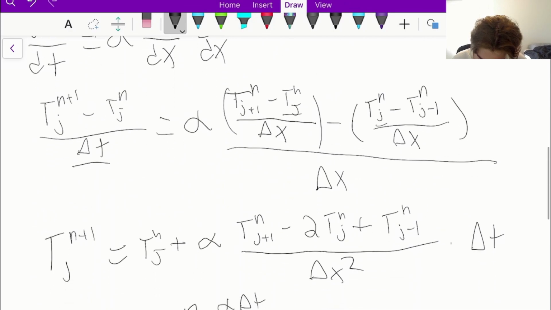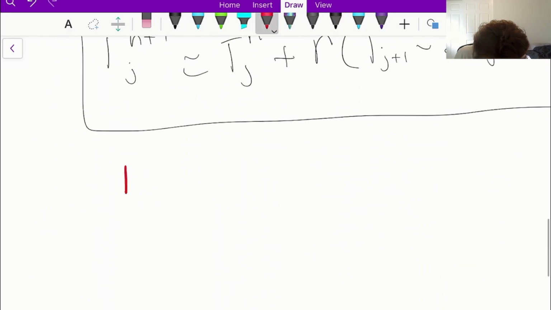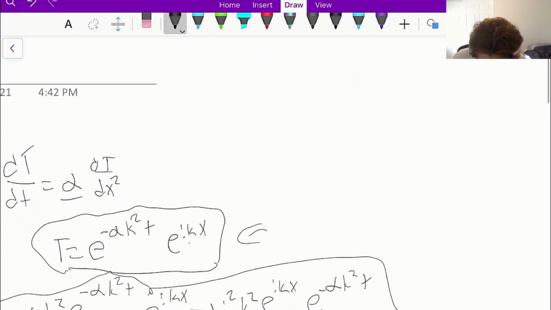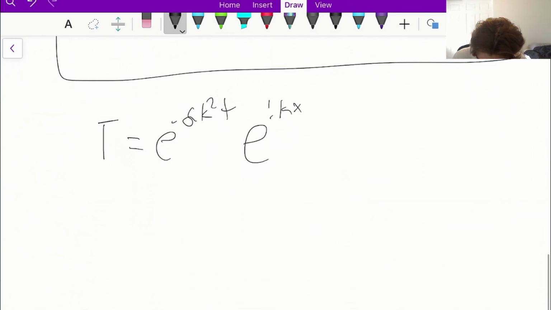So we're going to go ahead and write down what T is down here. So T equals e to the negative alpha k squared times t times e to the I kx, I believe, but let's go ahead and make sure up here. Yes, it is. And so this is for t, but what are we doing?